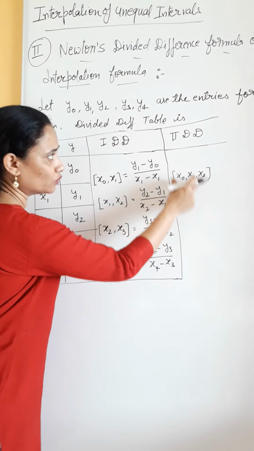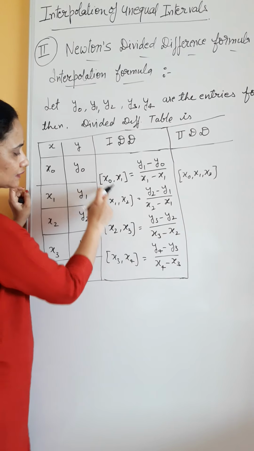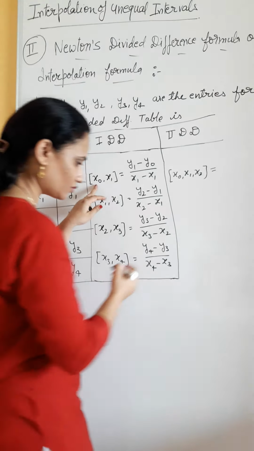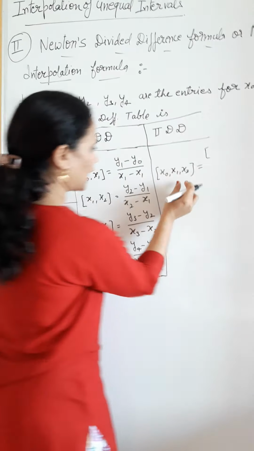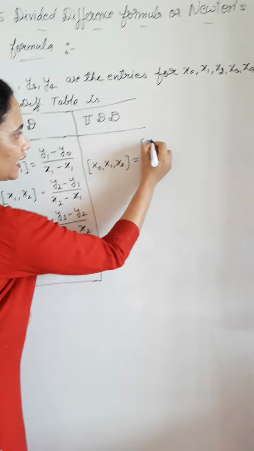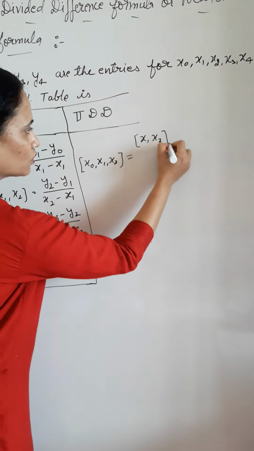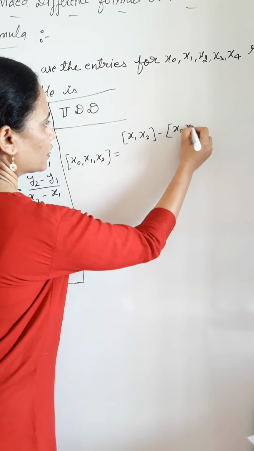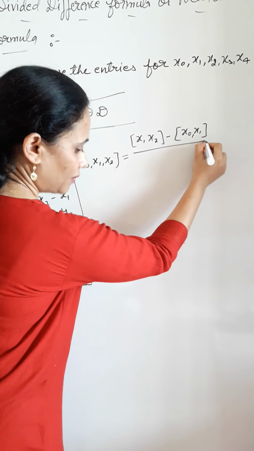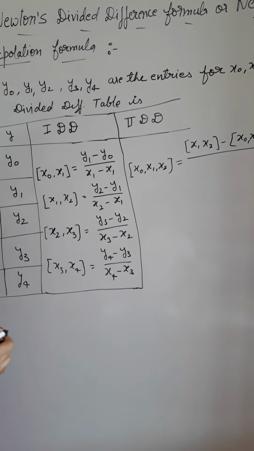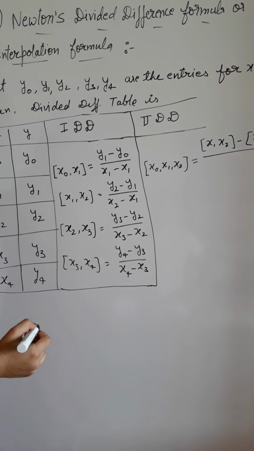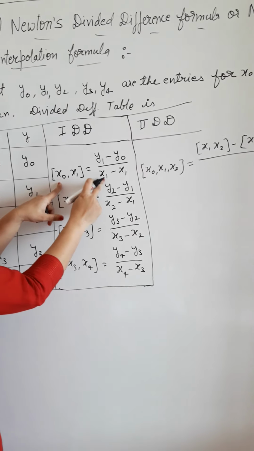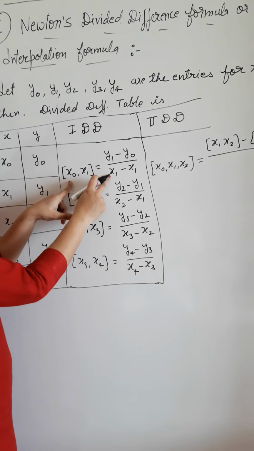So this is the standard notation for the second divided difference, [x0, x1, x2], which is equal to the last two values, [x1, x2], minus the first two values, [x0, x1], divided by, what do we have to divide with? Arguments or entries?